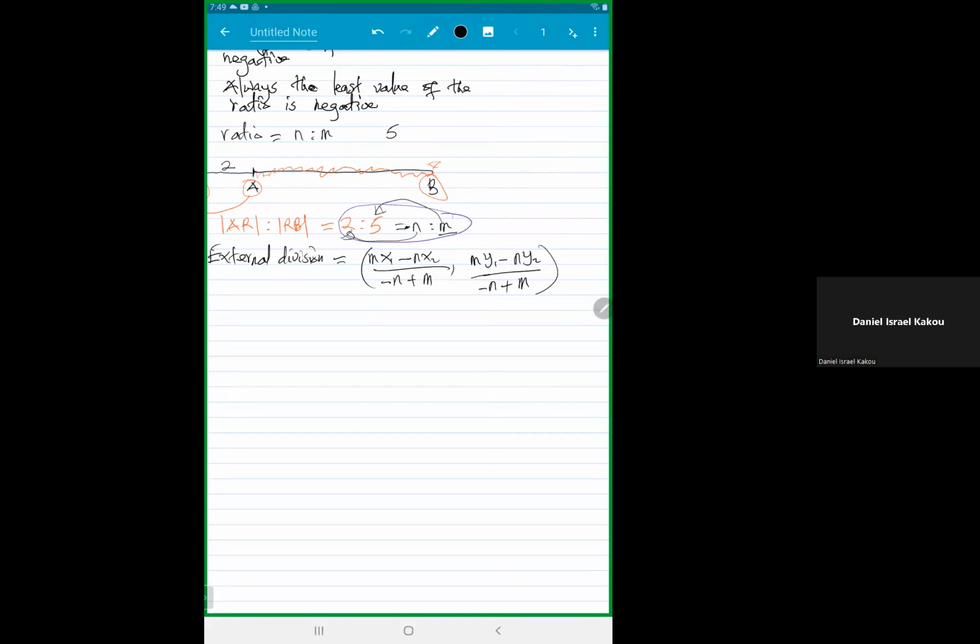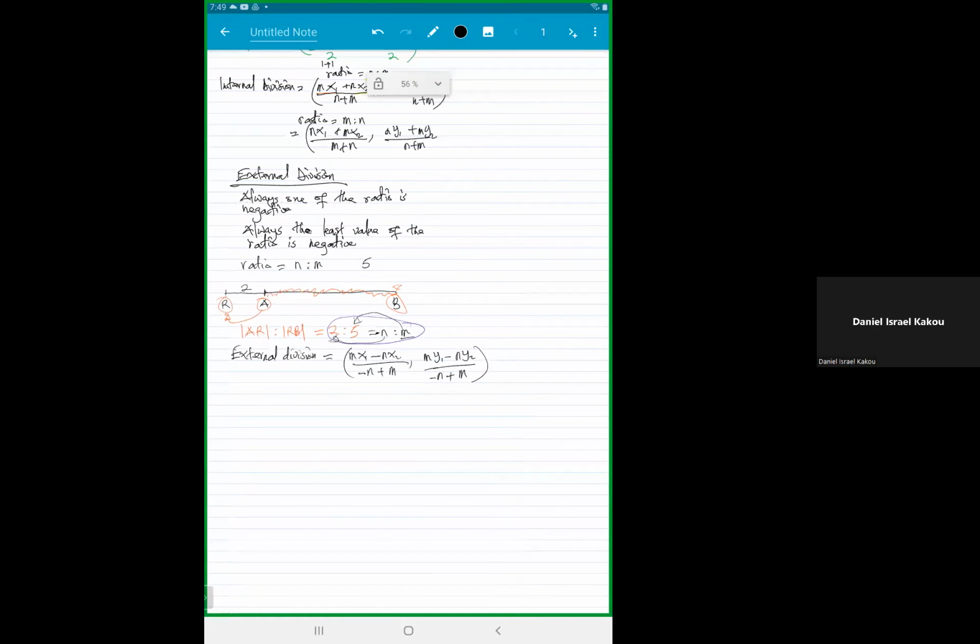So I have now changed the formula to make sure all n, which is the smallest value of the ratio, is negative. And this formula we have there is the external division formula. So the external division formula is just the internal division formula where the least value of the ratio is negated. You can take it this way intuitively or abstractly.